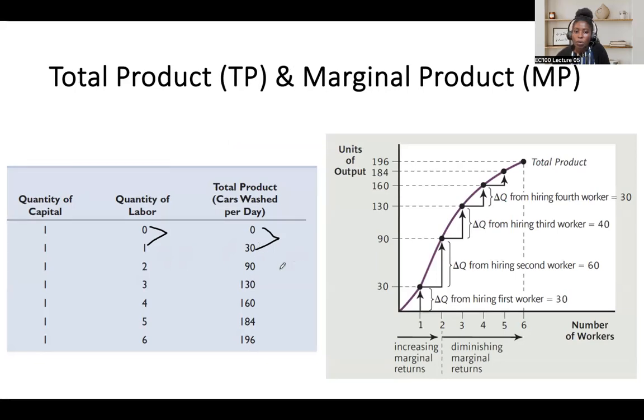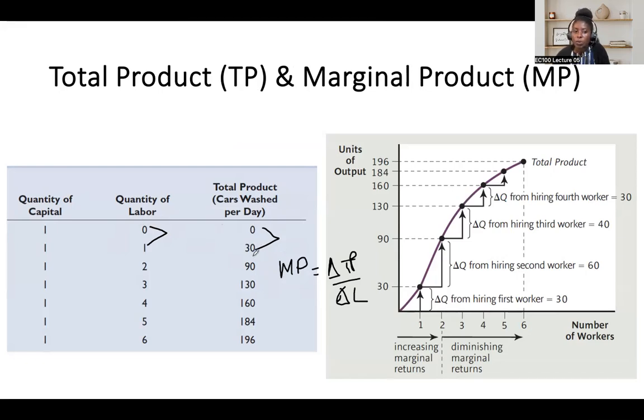Marginal product is the change in total product as a result of a change in labor. I want to know how much output changes as a result of adding 1 more unit of labor.